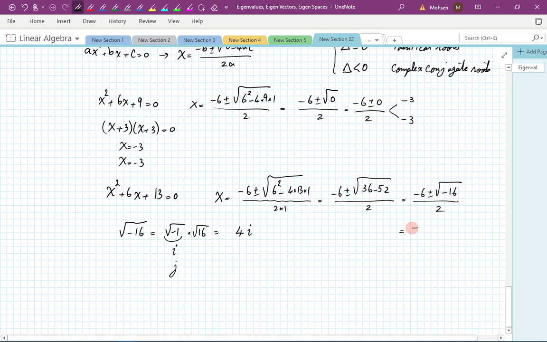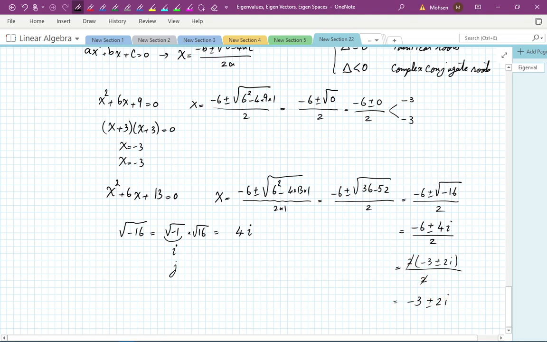So you say minus 6 plus or minus 4i divided by 2. Next, factor first, then simplify. That's a common mistake. Students ignore that and their problem falls apart. Factor first, then simplify: minus 3 plus or minus 2i.